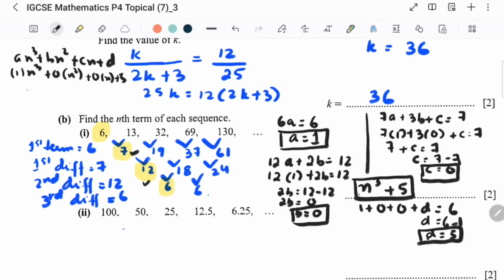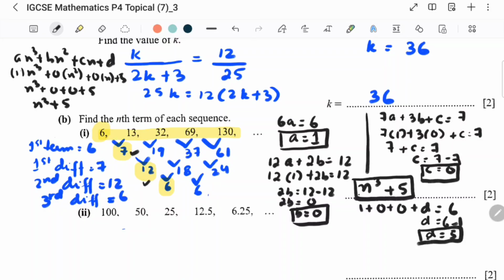So you are getting n cube plus 5, and you can substitute that: 1 cube plus 5 is 6, 2 cube plus 5, 8 plus 5 is 13. Then it means you have the same answer. You can just substitute the value of n to get each term, and then you can easily understand whether your answer is correct or not.